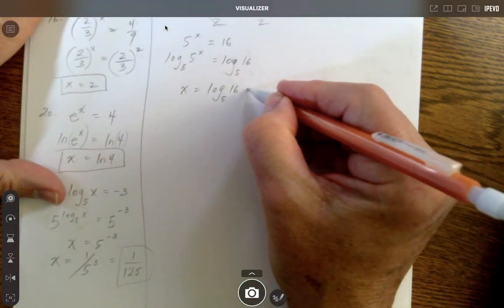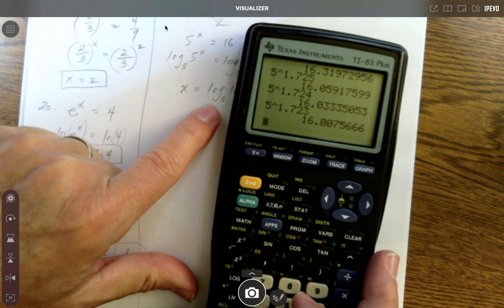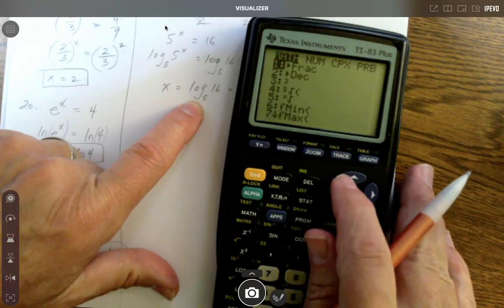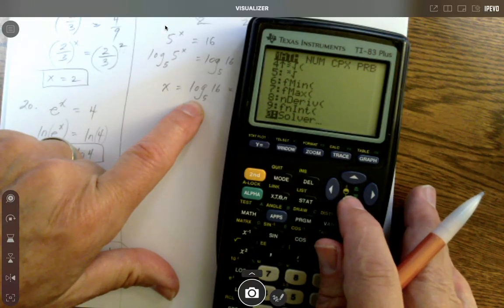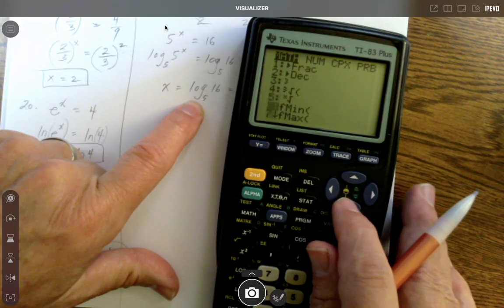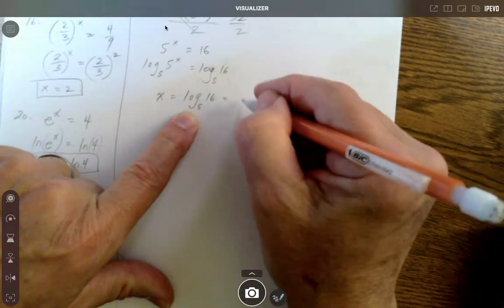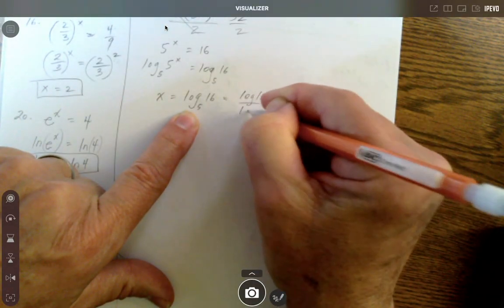Well, you can use the change of base formula if you've got an old calculator, like this one's an old calculator. It does not have the log base. If I go to math and go down, I don't have log with the base on there. So I'm going to use a change of base formula and just do log of 16 over log of 5.